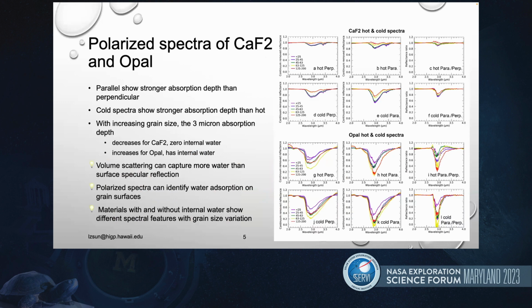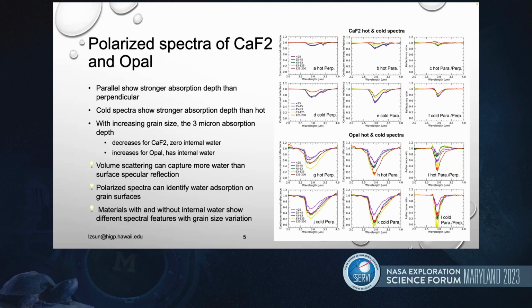And here are the spectra we derived for calcium fluoride and opal. Let's focus on the left columns for now. Those are the perpendicular, which is the first column, and the parallel branches, which is the second column. The top panel is the calcium fluoride and the bottom panel is for opal. We observed some similar trends for both of the samples, although they have very different internal water content.